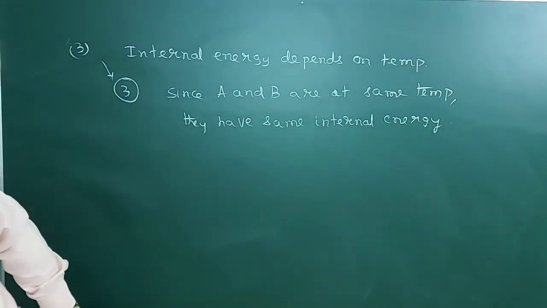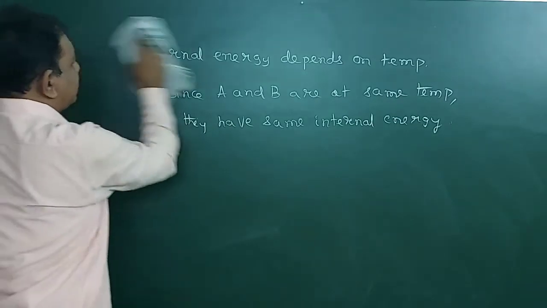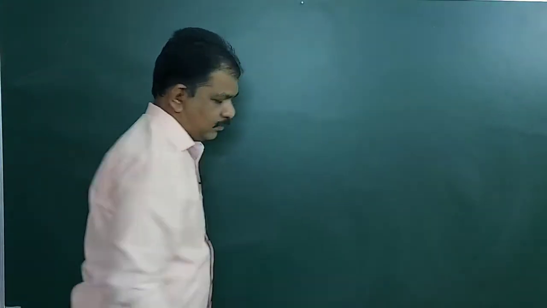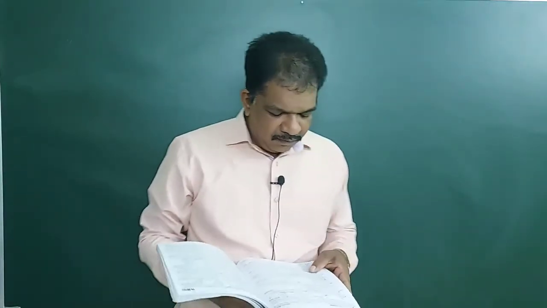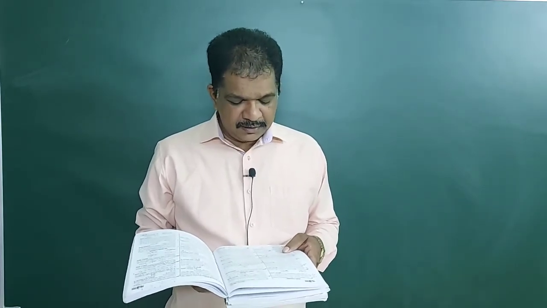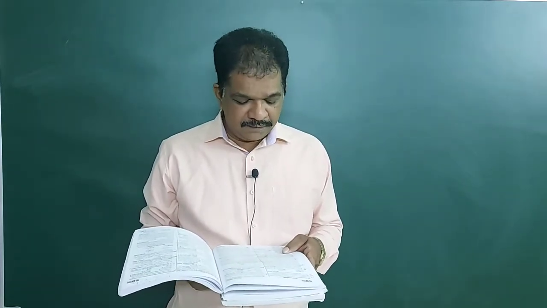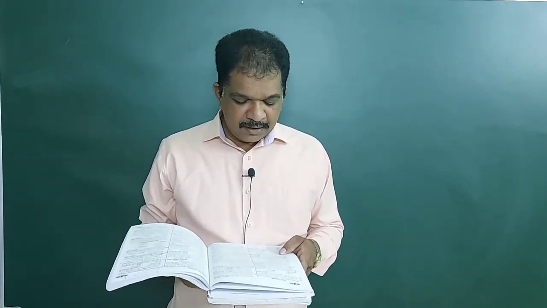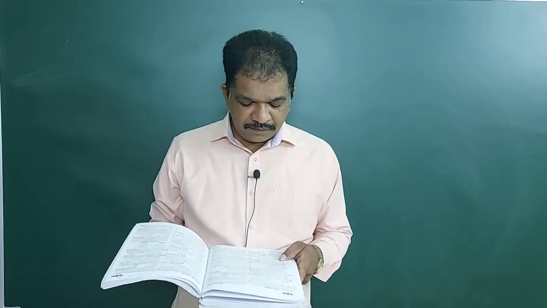Next, fourth question. 1 gram of ice at 0 degrees centigrade is mixed with 1 gram of steam at 100 degrees centigrade. At thermal equilibrium, the temperature of the mixture is?